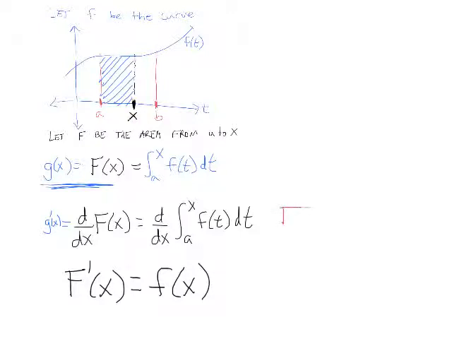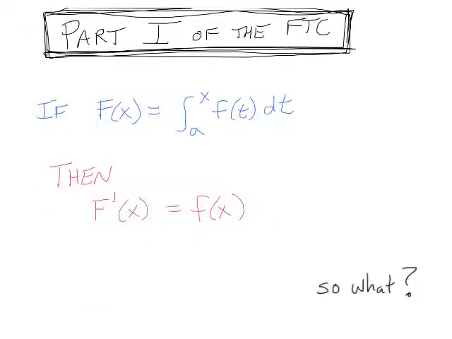That's what the Fundamental Theorem of Calculus tells us. When we take the derivative of this integral, we get this relationship: if big F of x is equal to the integral from a to x of f of t dt, then big F prime of x is equal to f of little x.